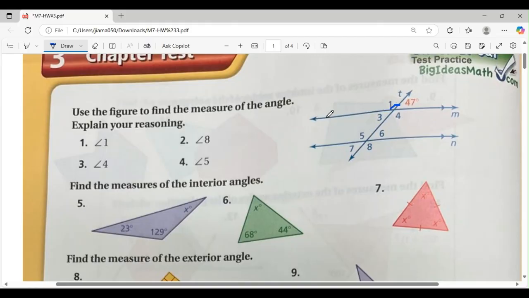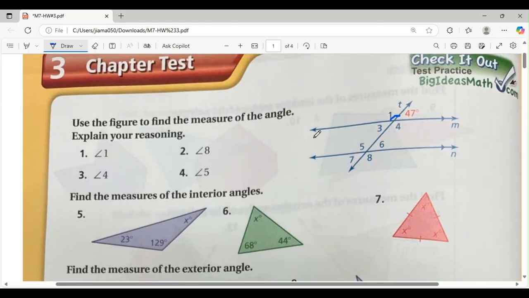So we just have to use 180 degrees minus 47 degrees equals 133 degrees.